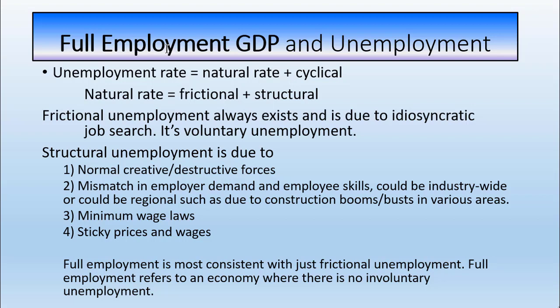Okay, so now let's move on to the structural component, which is kind of what I'm referring to when I'm talking about regions or industry-type phenomena. Structural unemployment is due to, for example, creative destructive forces.